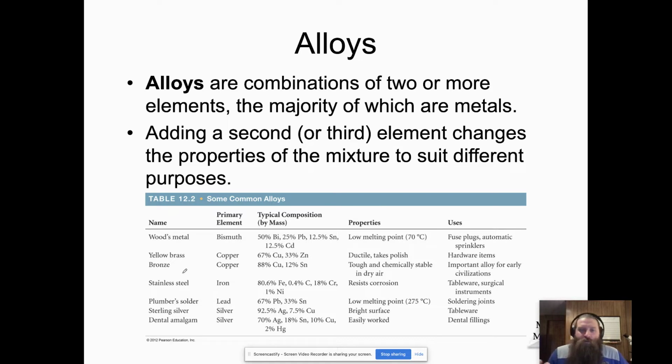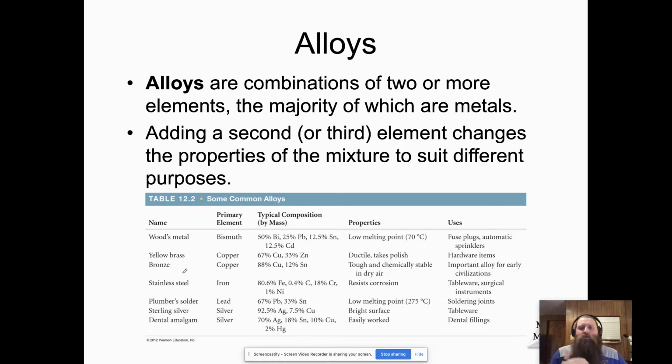And in year 1 chemistry, you learn, okay, what's an alloy? Well, it's 2 metals bonded together. Well, okay, yeah, kind of, but not really. Steel is carbon mixed with iron, and obviously carbon is not a metal, and yet steel is considered an alloy of iron. So an alloy is a combination of 2 or more elements where the majority is a metal.